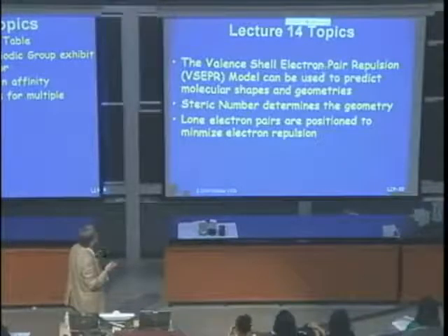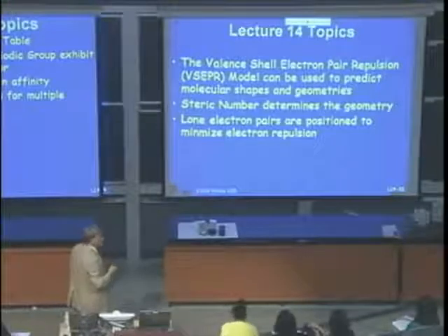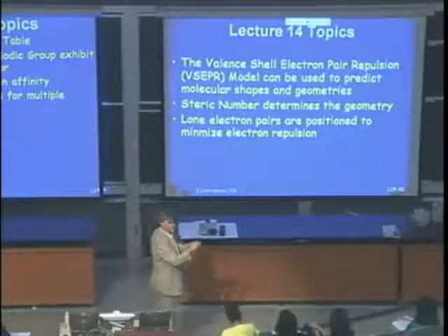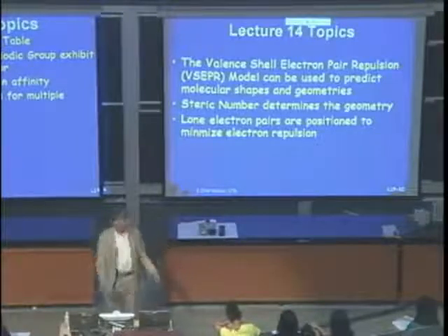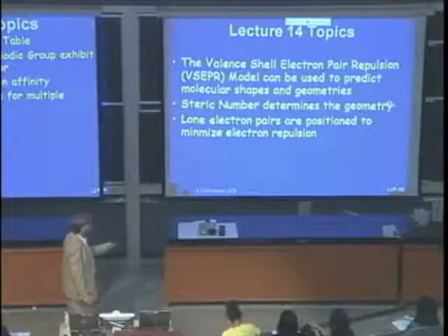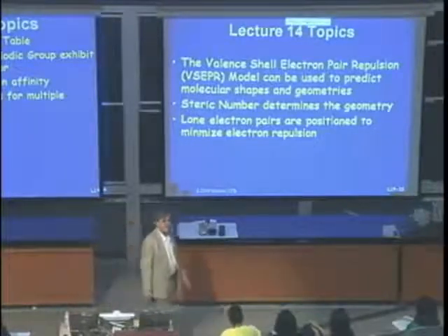The valence shell electron pair repulsion model can be used to predict molecular shapes and geometry. So now we went from the Lewis model, where we could predict some shapes of compounds, all right? So the VSEPR, we determined a steric number. And what was the steric number? Who can tell me how I got to the steric number?